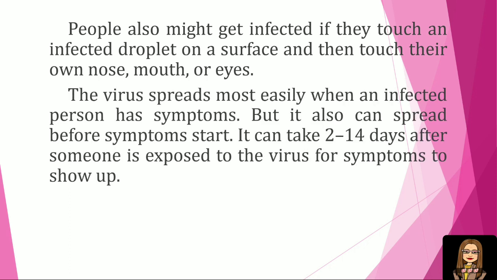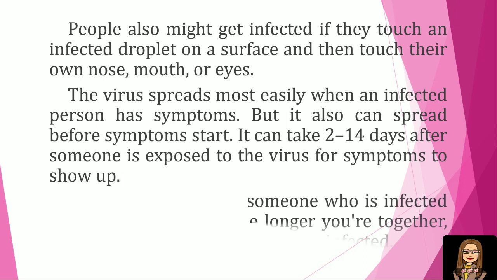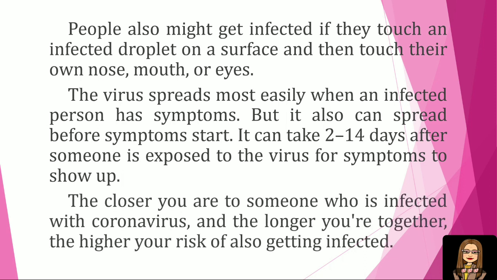The virus spreads most easily when an infected person has symptoms, but it also can spread before symptoms start. It can take 2 to 14 days after someone is exposed to the virus for symptoms to show up. The closer you are to someone who is infected with coronavirus, and the longer you are together, the higher your risk of also getting infected.